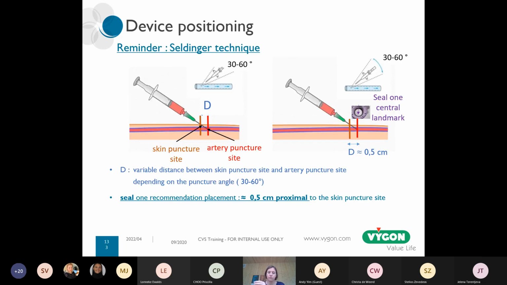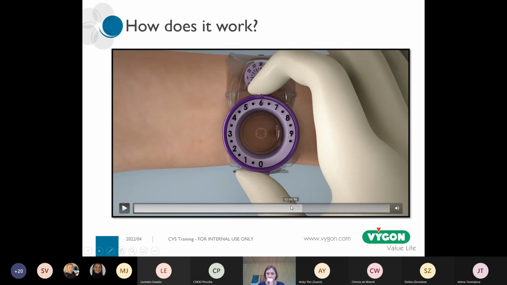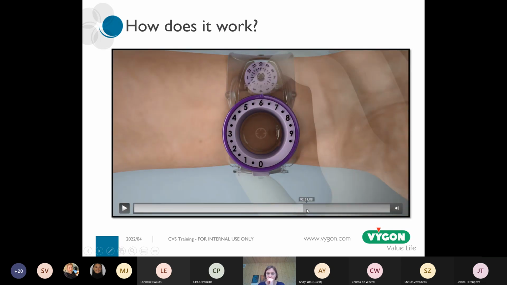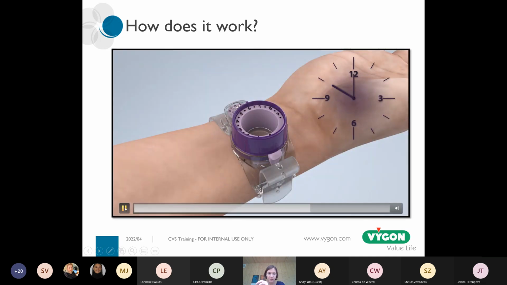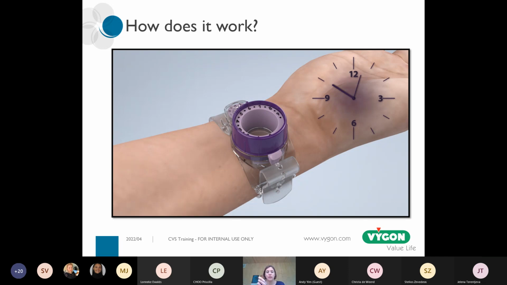Then you have to decompress. The decompression will proceed step by step. After 30 minutes, you can decompress. For example, if you are at level 2, you will go to level 4.